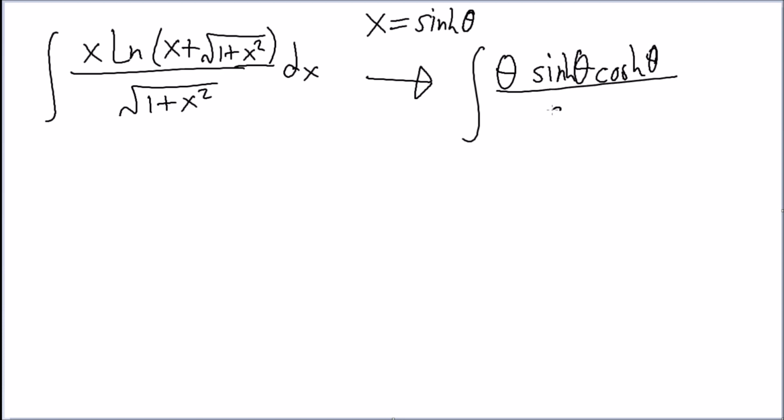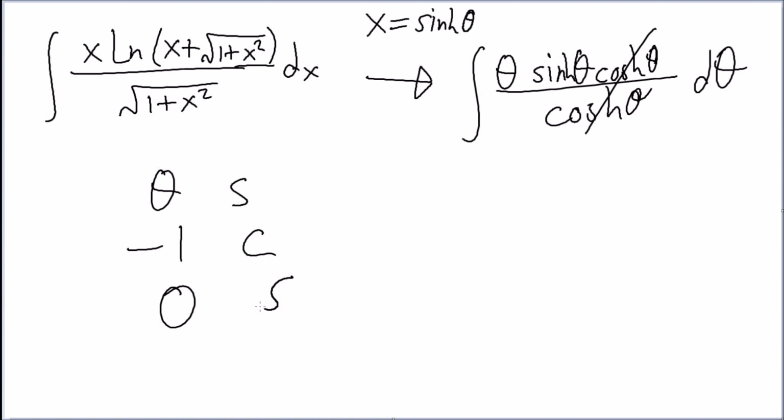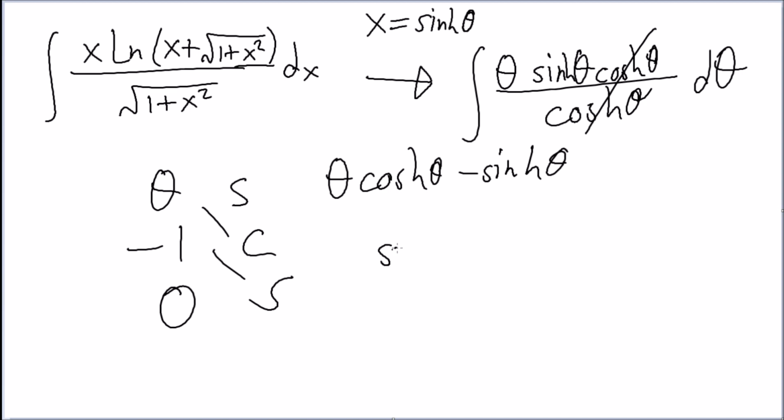And then we have cosh theta at the bottom, and then this is simply integration by parts, so we could just go ahead and do that. And now we see that this is just theta cosh theta minus sinh theta. And so now our answer is just inverse sinh of x times cosh of inverse sinh, and then minus x plus c.